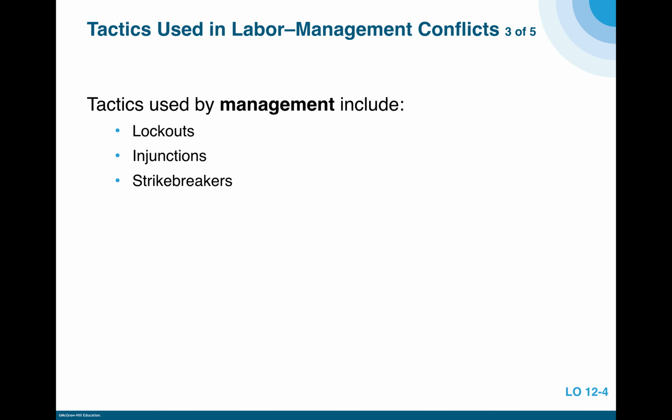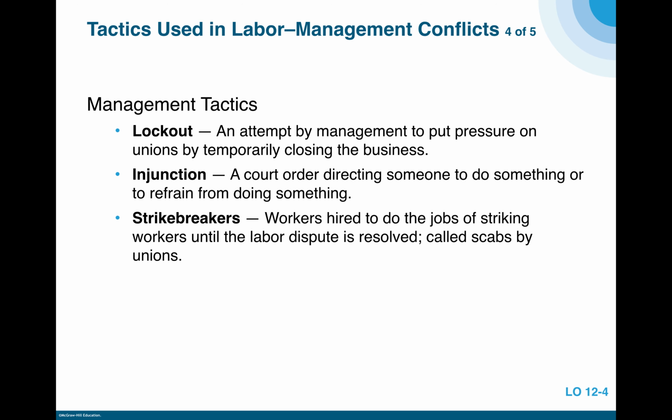Some of the tactics used by management include lockouts, injunctions, and strike breakers. A lockout is just an attempt by management to put pressure on unions by temporarily closing the business. It's exactly what it says. They will just lock their employees out and say, you're not allowed to work here until we figure this out.